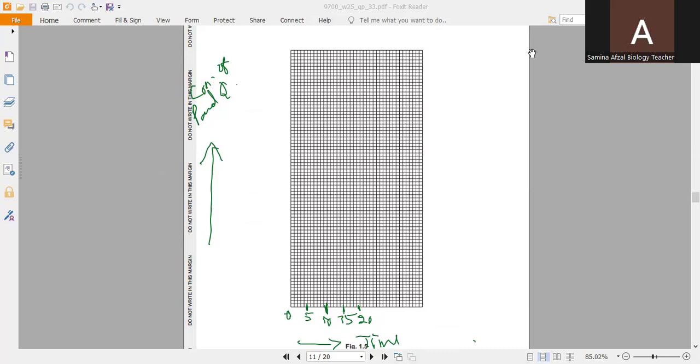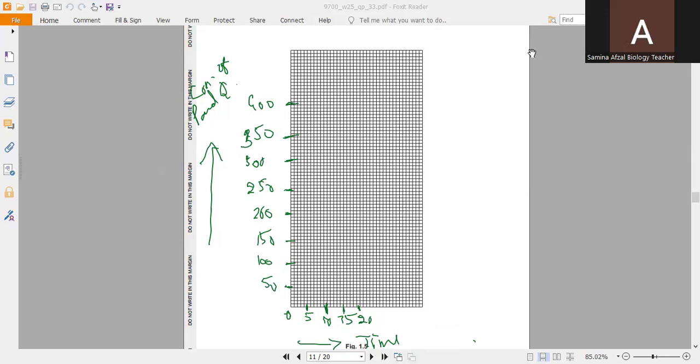So we will start from the values over there: 50, 100, 150, 200, 250, and 300, 350, and 400. So in this way, you can draw the two curves.